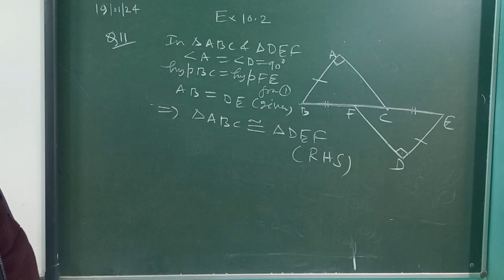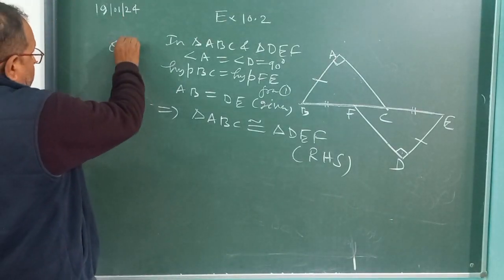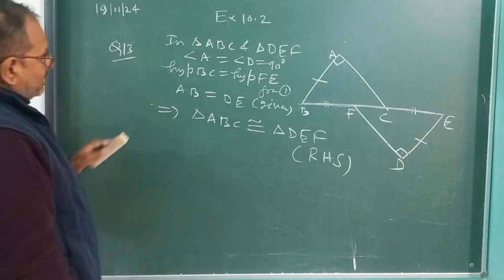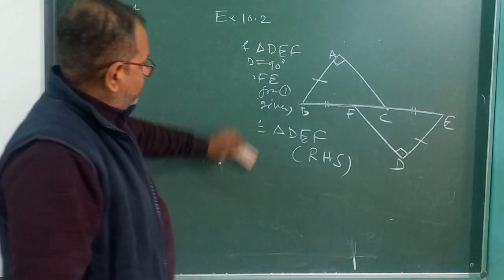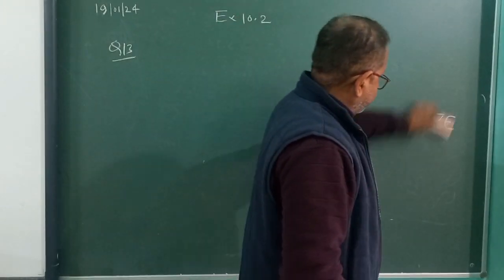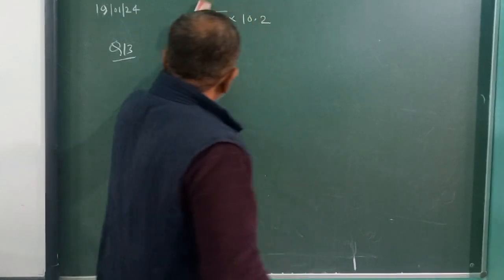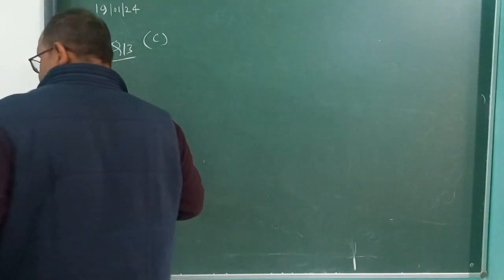Next question we will do question number 13. There are three parts in question number 13. So draw the figure of the last part, C part. Question number 13, C part.